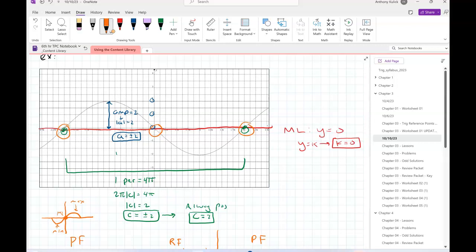Does it matter which one I choose? No, but my answer will be different depending on which one I pick. Everybody's okay there? The midline point I'm going to pick is this one here at 0, 0, because frankly, the coordinates being 0, 0 makes the numbers easy to deal with.